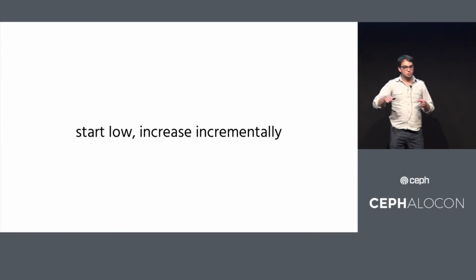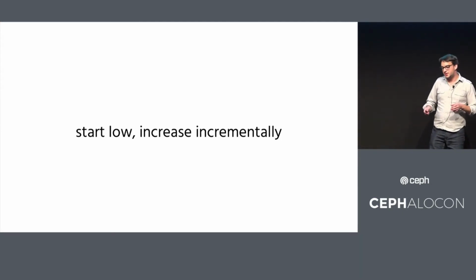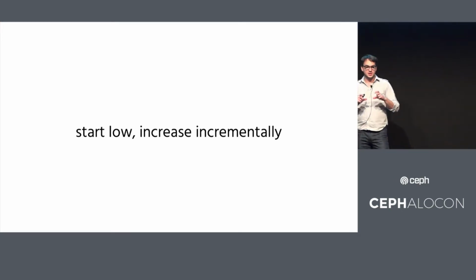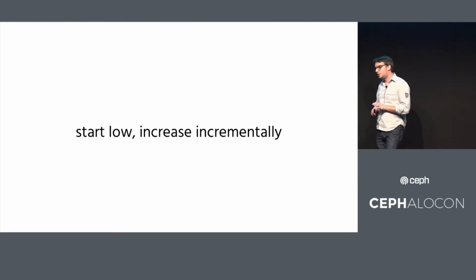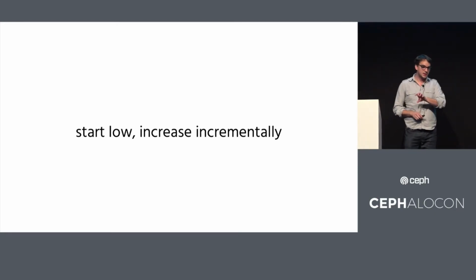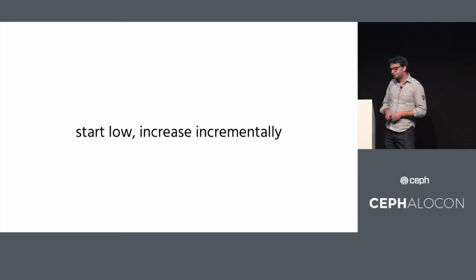So if I add a new pool, I will have a lot more than 100 PGs per OSD. So start a bit lower on the number of PGs that may be recommended, and then increase a bit later. Better to have a bit of imbalance that you can easily correct than overstress your cluster in case of recovery or in bad times.